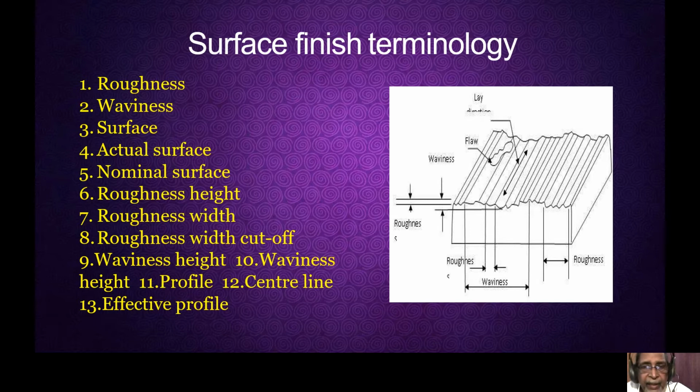If we see the diagram, this surface is a longitudinal surface, where on the surface we will have some flaws. In some places you can see waviness, and some places have roughness.